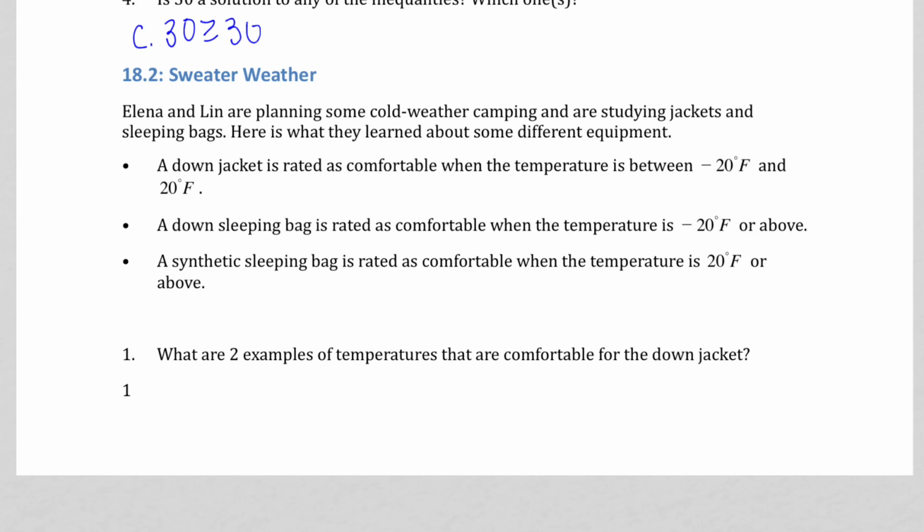What are 2 examples of temperatures that are comfortable for the down jacket? So what could we use? 15 degrees Fahrenheit. Somebody else give me a temperature that works.